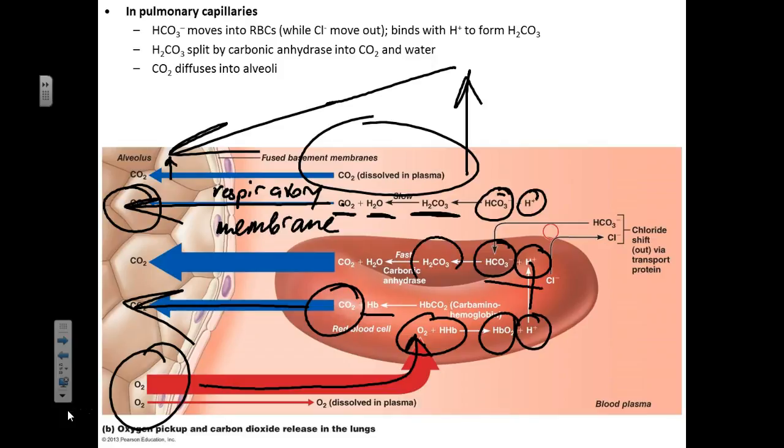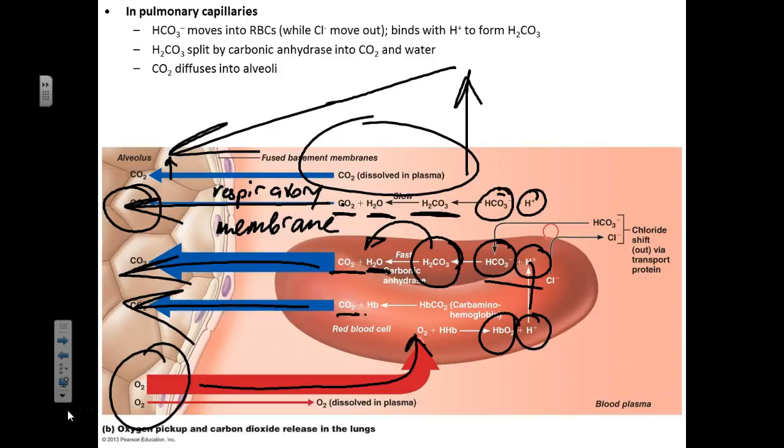Okay, they will form carbonic acid right here. Carbonic acid will quickly dissociate, producing CO2 and water, okay? And CO2 will diffuse into the alveolus.